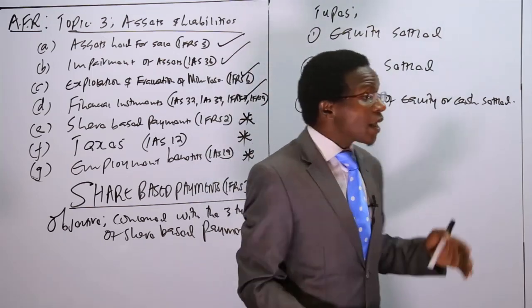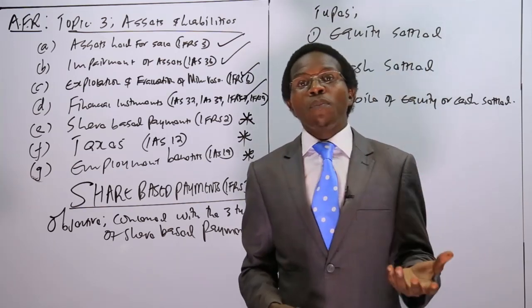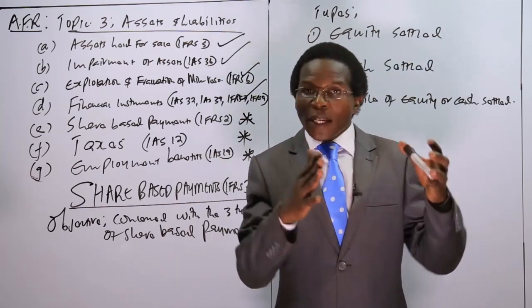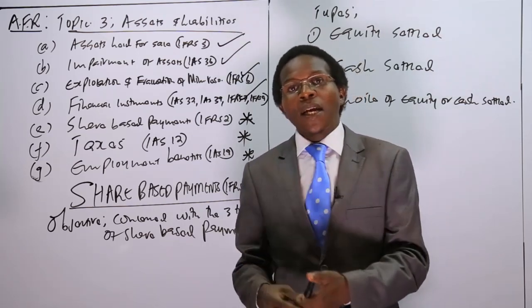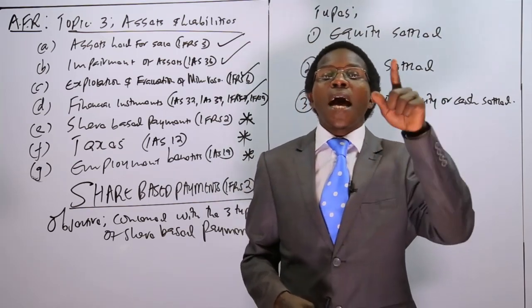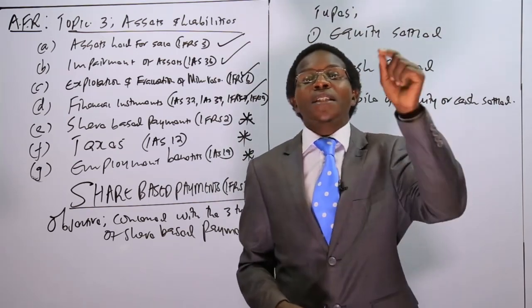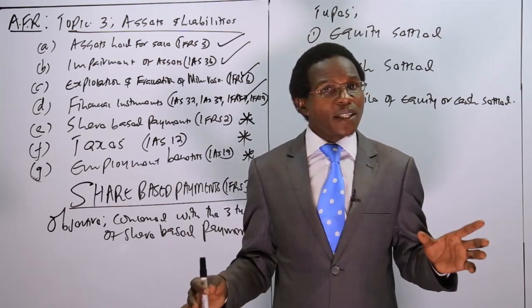Then we have the cash settled. When it comes to the cash settled, we'll be looking at the number of shares. We'll be making some payments based on a certain number of shares at a certain price of that share. So get the difference.